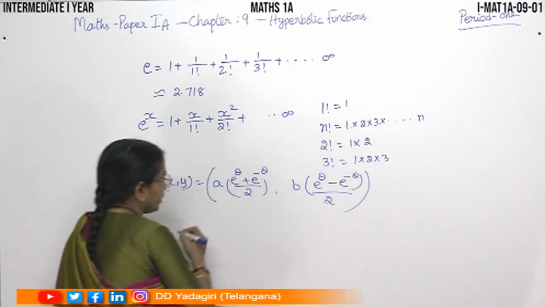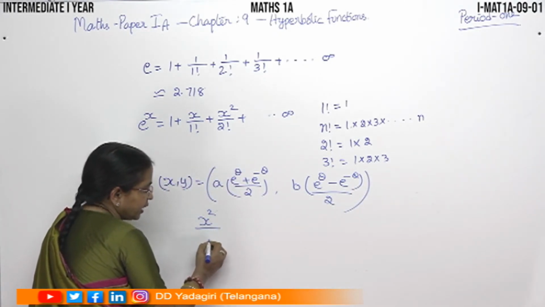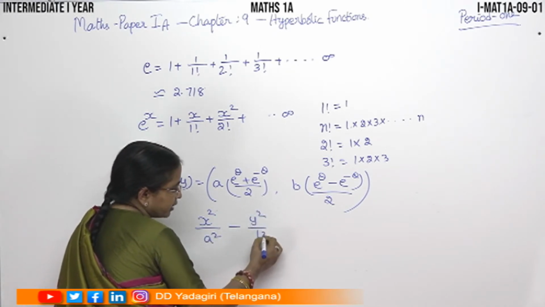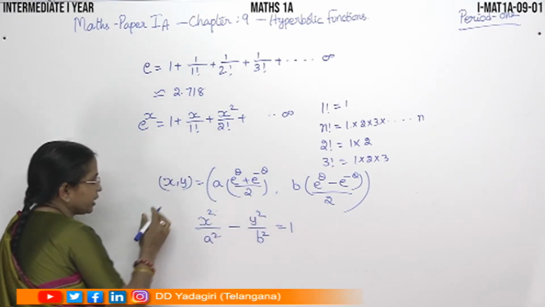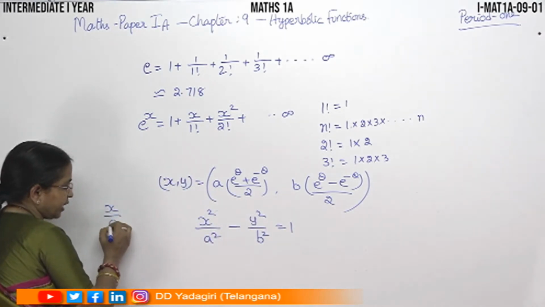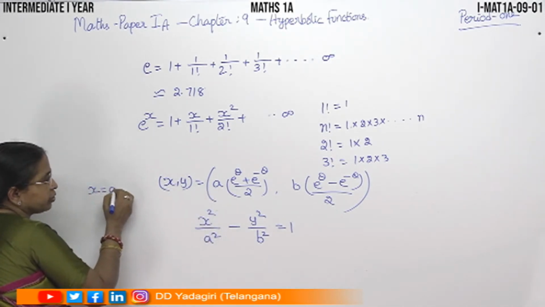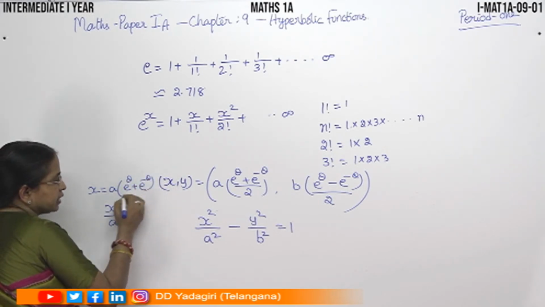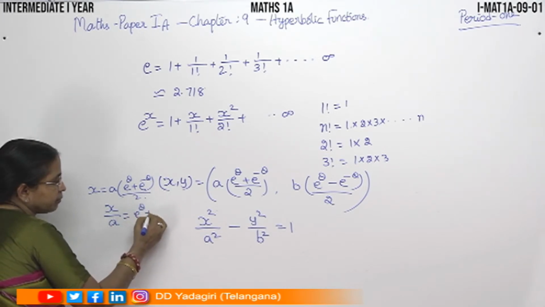This point always satisfies the equation x square by a square minus y square by b square equal to 1. You can see x is equal to a into (e power theta plus e power minus theta) by 2. So x by a is equal to (e power theta plus e power minus theta) by 2.